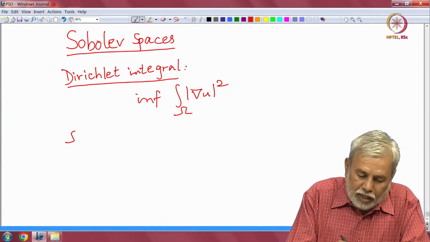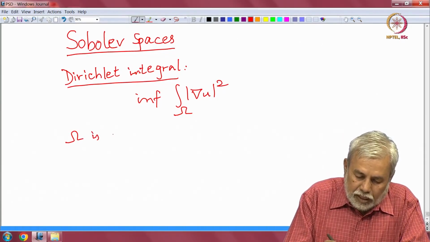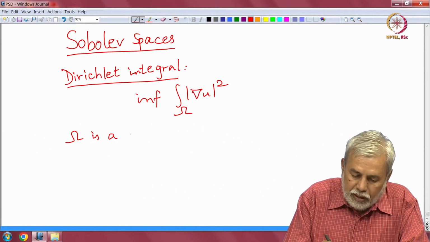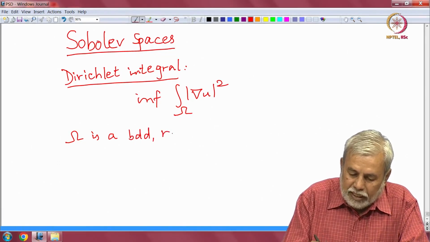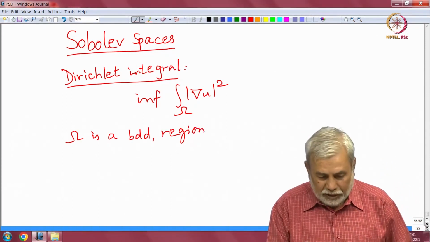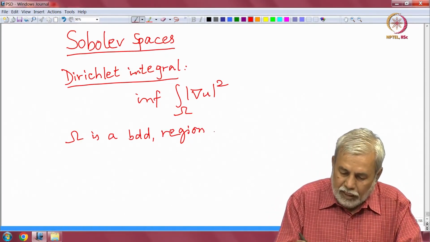So here Omega is a bounded region. Region means connected and open. In fact, this is going to be a standing hypothesis later, in R^n.